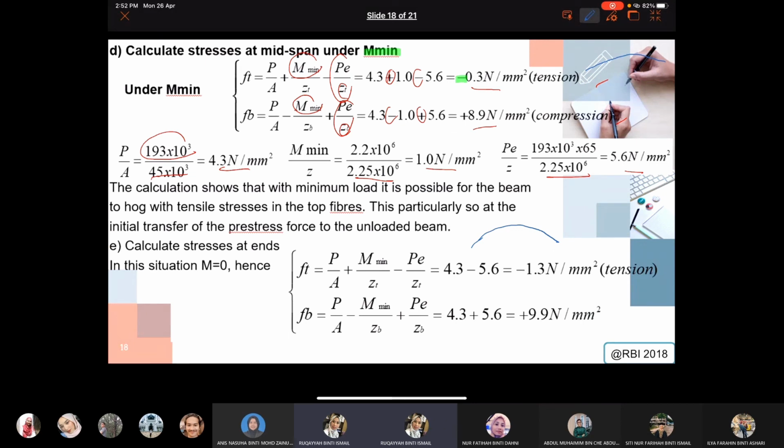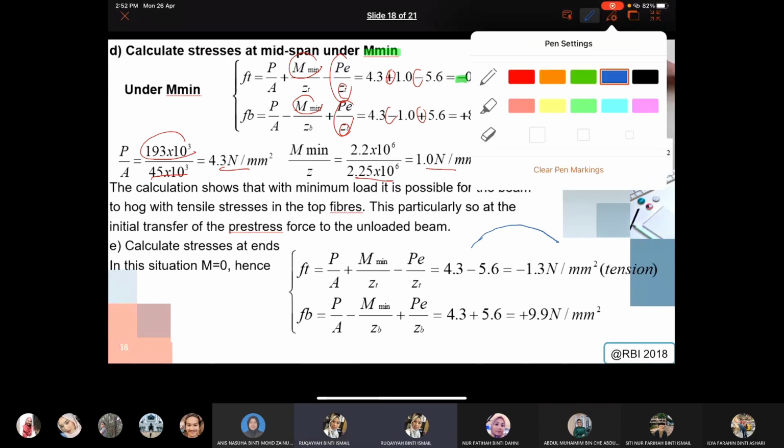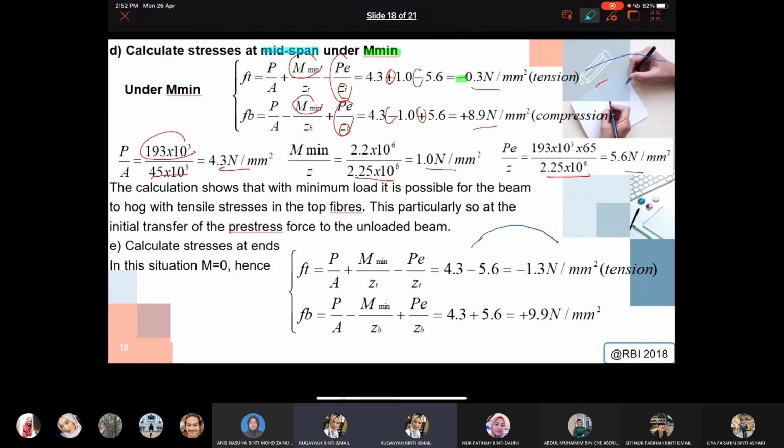Okay, so because the beam is not yet loaded, that one is when at mid span. Okay, we calculate it when the condition is at mid span. All right, so at the end of the span, we consider that the moment is equal to 0, because the question asks you to calculate the stresses at top and also bottom at the mid span for moment minimum and also at the end of the span.